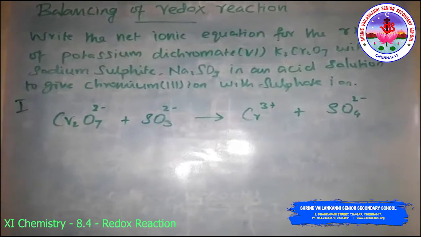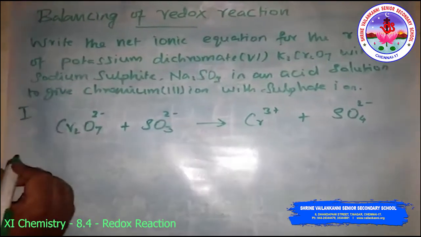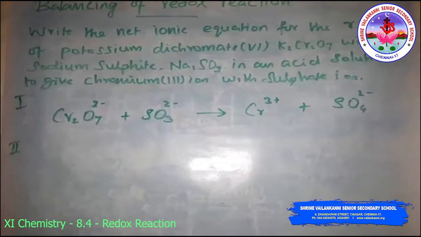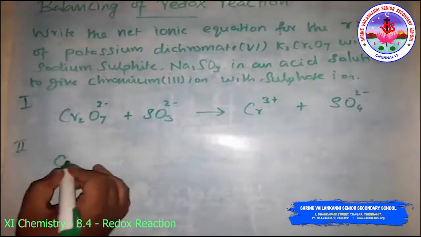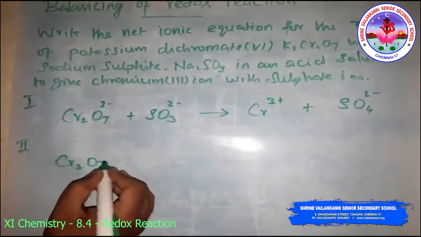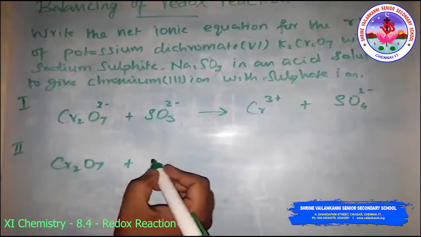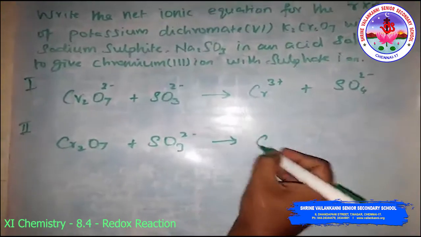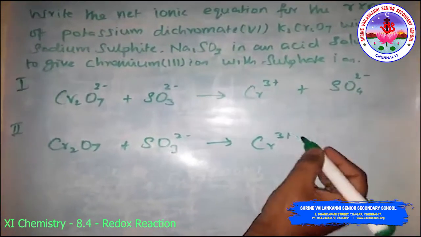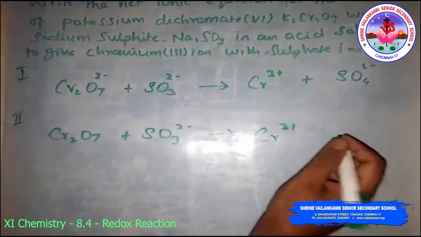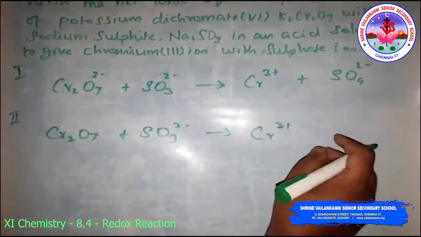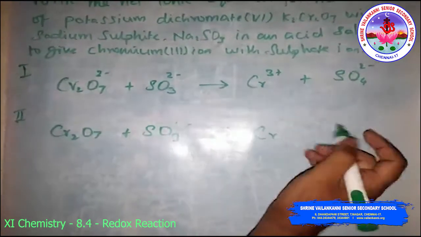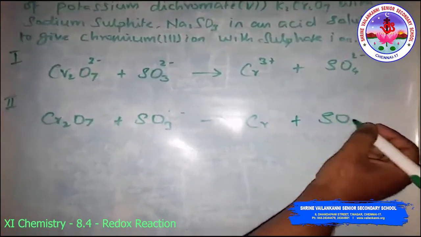The next step is to assign the oxidation numbers for chromium and sulfur. Write Cr2O7 2- plus SO3 2- giving Cr3+ plus SO4 2-.